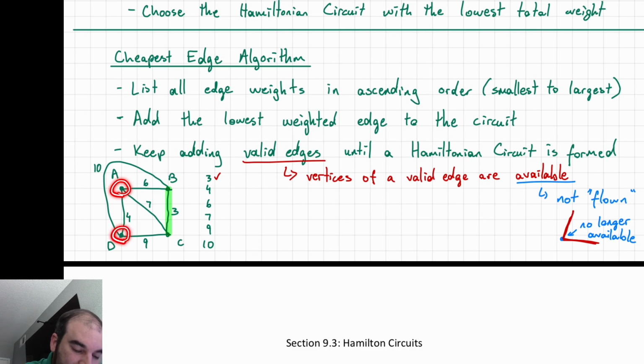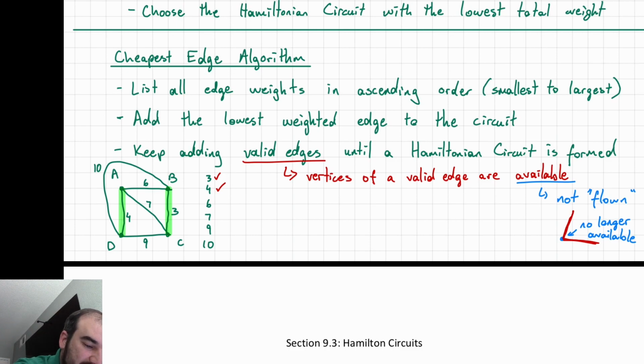Both A and D have not been used at all yet, so this is a valid edge because the vertices are available. So I'm going to put a little check mark next to that 4, and we are going to add this 4 to our circuit. Now notice that my circuit so far is not even connected to itself. I have 2 pieces that are eventually going to connect to each other, but for now I have some floating edges that I've added to my circuit.